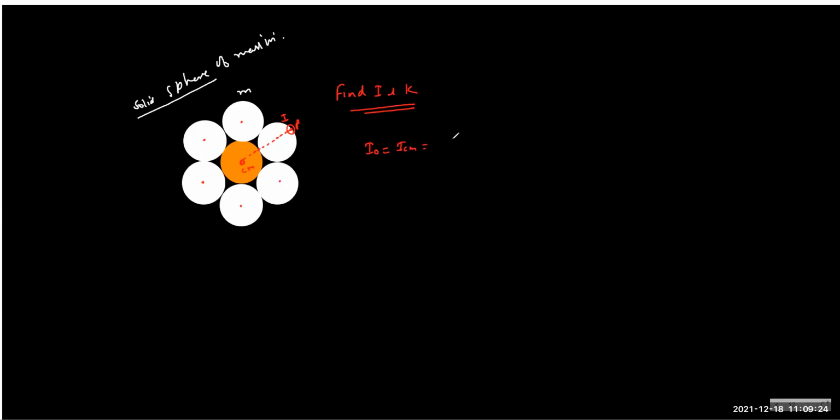And because it is a sphere, so we can say 2 by 5 mr square for the central sphere. But for the remaining, it is 2 by 5 mr square plus m times the distance of the center of each sphere to the center of mass, and this is 2r. You can check this out, right? This is ICM.